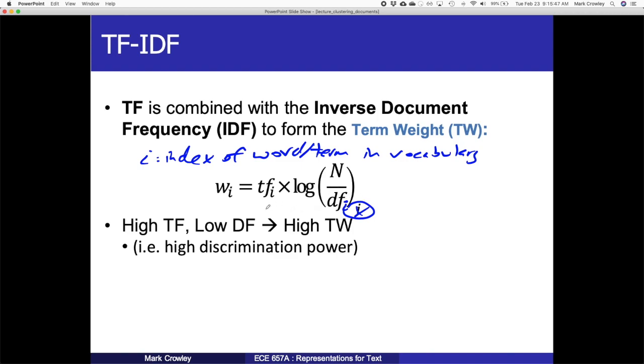You want a word that is meaningful in this current document, but rare in all the other documents. If you have something that has a high TF and a low DF, which is why we call this a TF-IDF score, then it's going to be really useful, because it's not rare in the documents you're trying to classify, but it's rare in all the other ones. Like I was saying, bat for sports articles would have a high TF and a low DF.